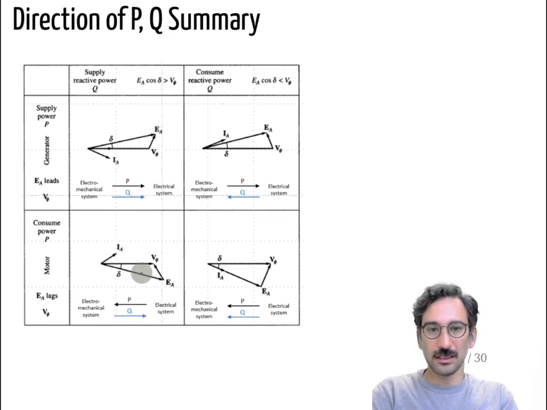With the lagging power factor, it still consumes P and absorbs Q. Okay, so hopefully it will be clear once we see a couple of numeric examples. Okay, thank you.